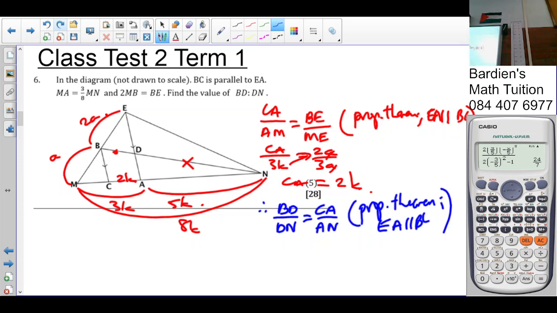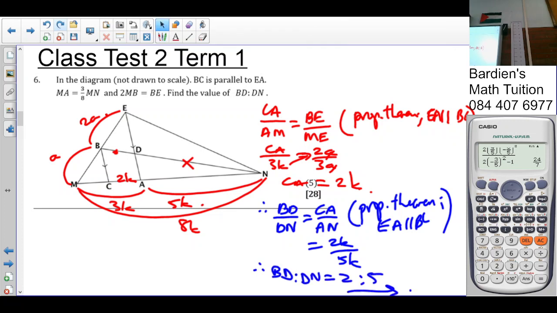So it is going to be 2K over AN, which is 5K. So therefore BD to DN will be 2:5. Okay. That's how you get 8 marks.